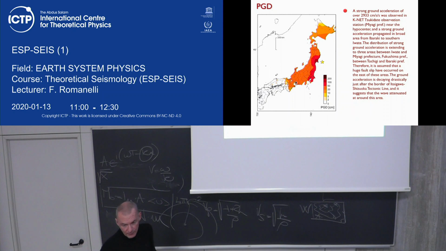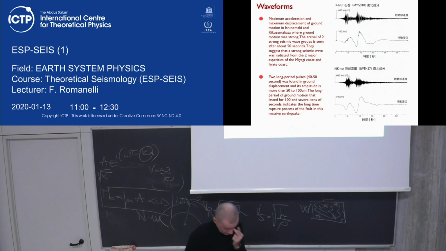Now look at this map. And now look at this. Because they are beautiful, in my opinion. Now, 2 receivers along the coast of Japan. The first signal is being recorded by K-NET, the other one by KiK-net, we don't care.